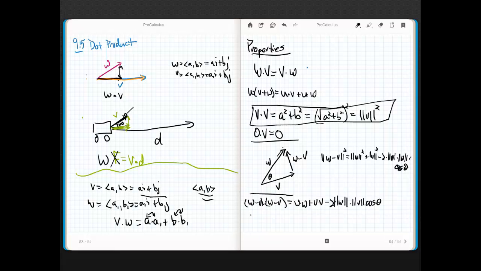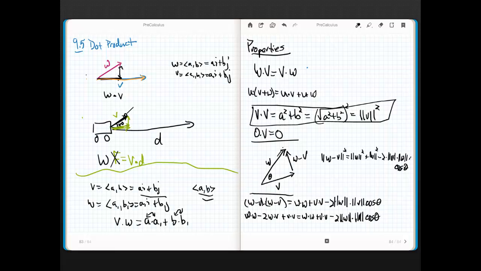So if I'm going to dot w minus v with itself, what I end up with is, well, can you tell? I end up with w dot w, minus, I'm just doing FOIL here, minus 2 w dot v, plus v dot v, which equals w dot w plus v dot v minus 2 times the magnitude of w times the magnitude of v cos theta.